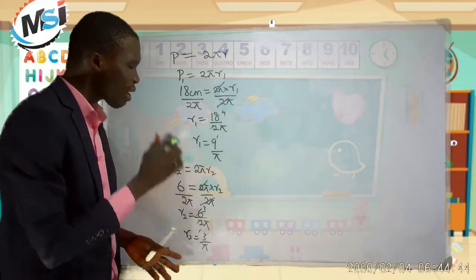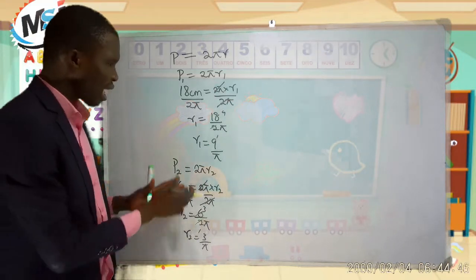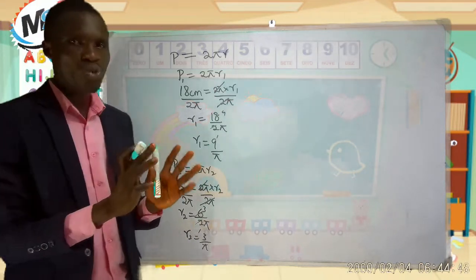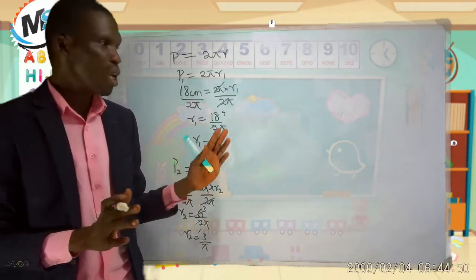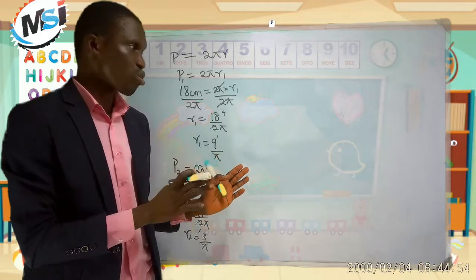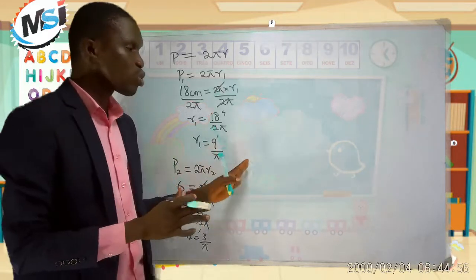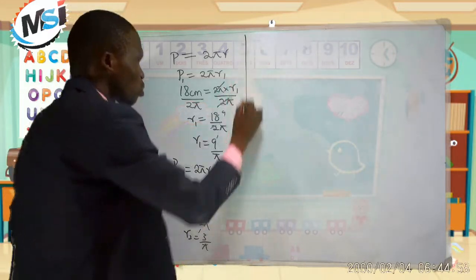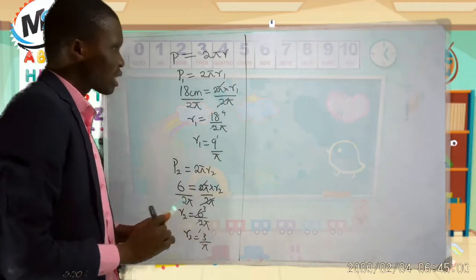Now the reason why we need to find R1 and R2 is because of what we are looking for. Remember, we are looking for the curved surface area of this frustum of a cone. So to do that, we need to go back to our formula. And what is our formula?